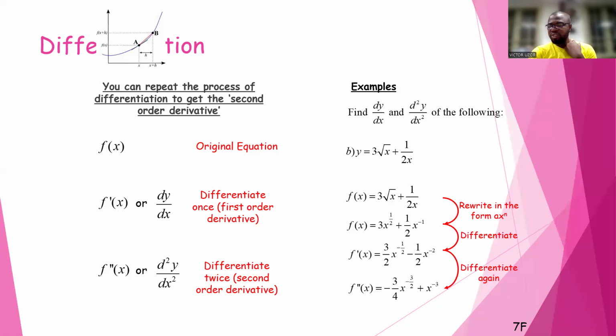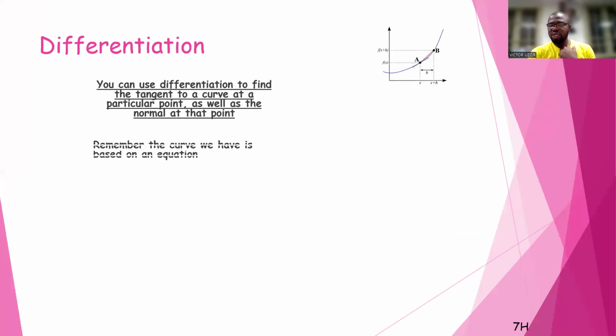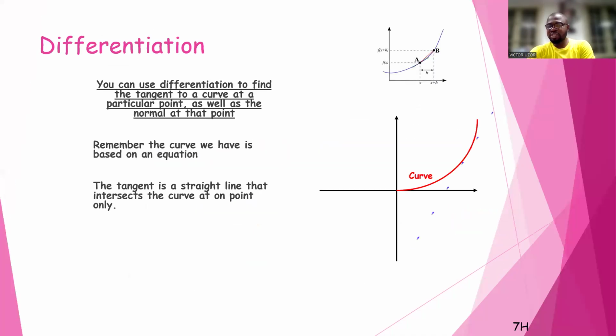Okay, so let's move on to the second aspect of this, which is the tangent and the normal. What do I mean by the tangent and the normal? If you remember from your basic coordinate geometry, when two lines are parallel to each other, we say that their gradients are equal.